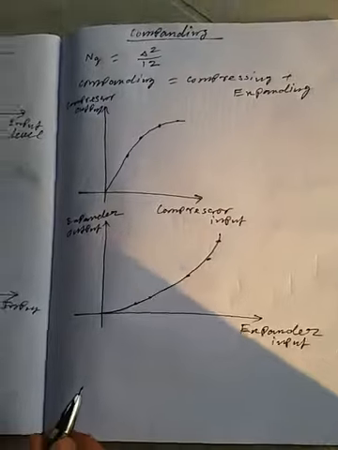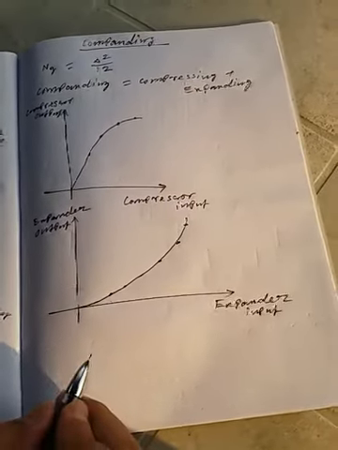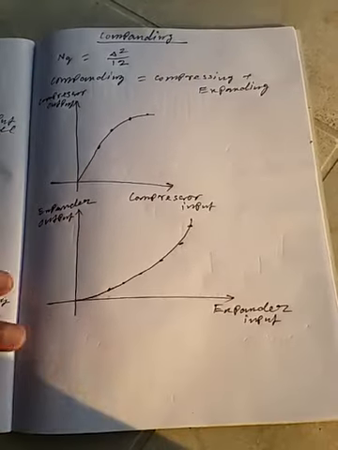Now the compounder characteristics. The compounder characteristics basically consist of compressor characteristics and expander characteristics, right? Now it will look like this.